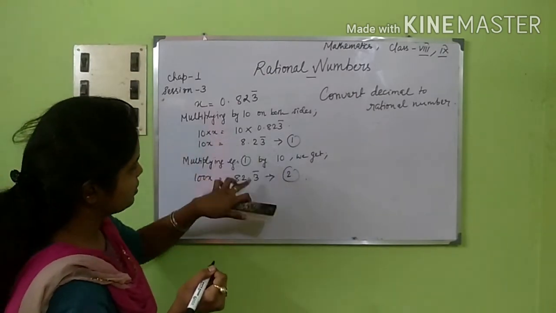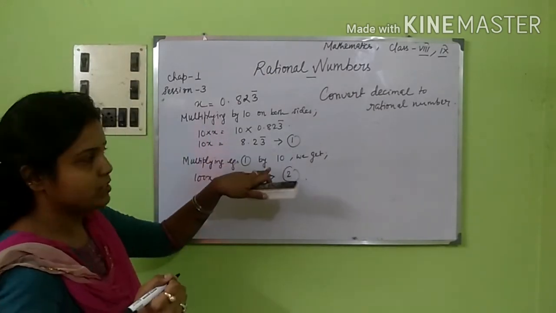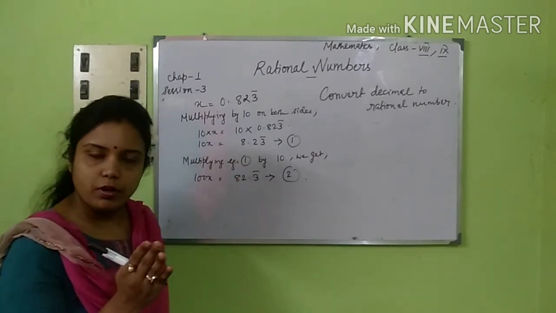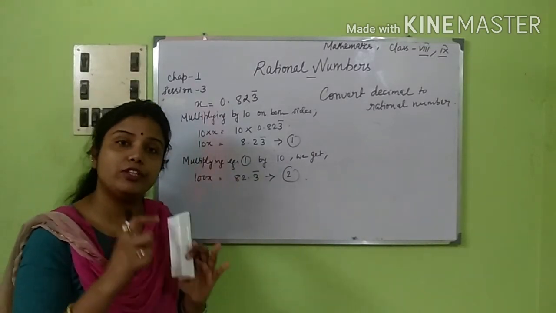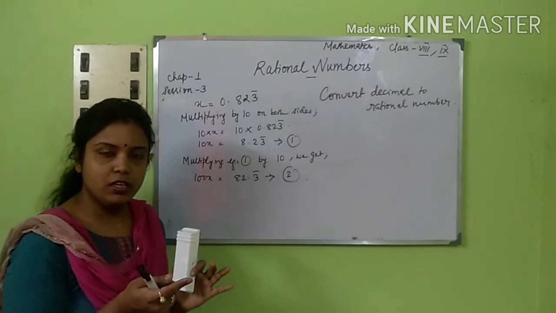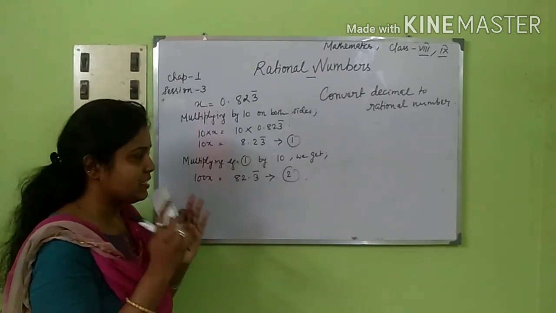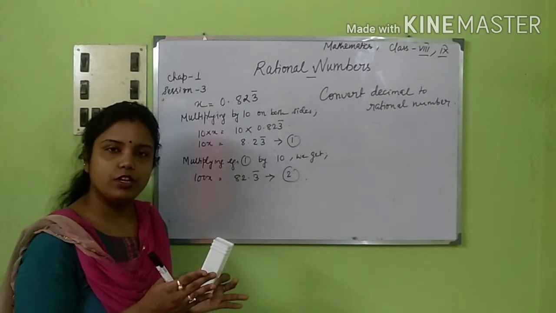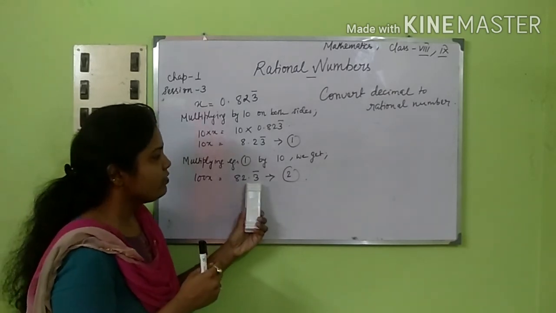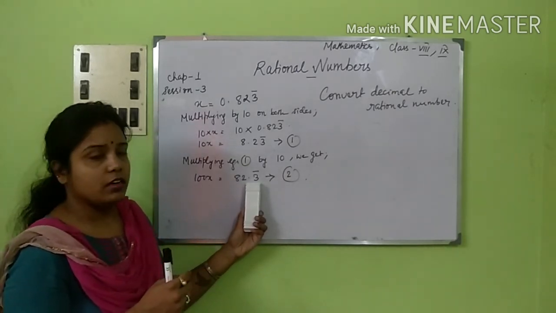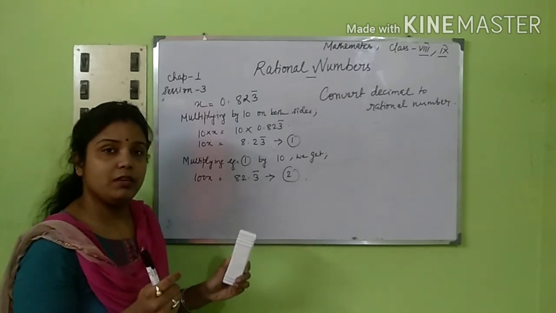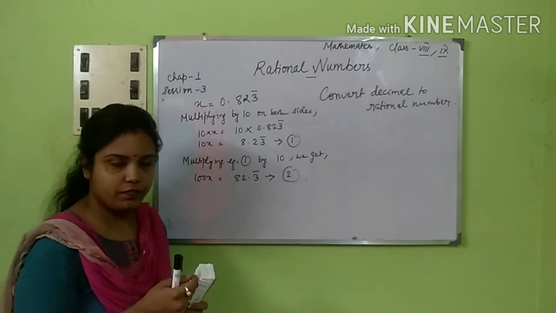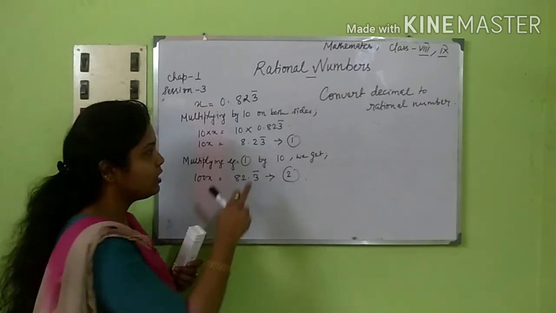If you subtract this, the 3 is still remaining on the side. Always remember that after the decimal point we are going to keep only the digits which are repeating itself. Please listen to me carefully: after the decimal point we only keep the recurring digits, not the other digits.